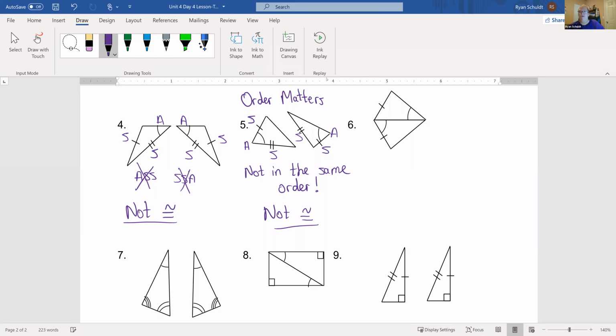Okay, so let's look at 6. They share a side, so that means that side's automatically congruent. On the bottom triangle, looks like I have SAS, but on the top triangle, are they in the same order?